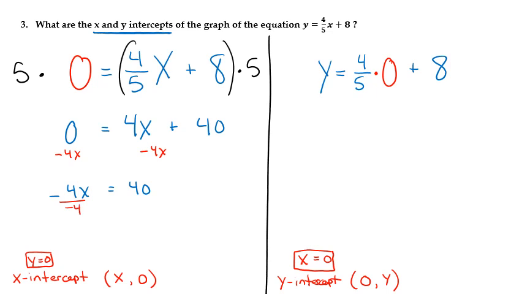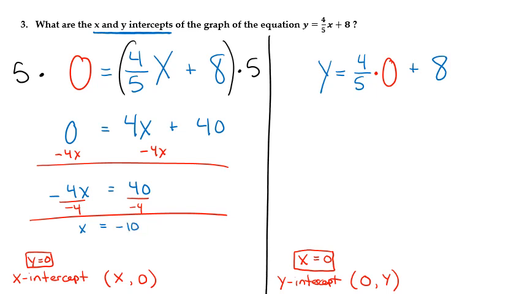We could eliminate that times negative 4 with a divide by negative 4. We do the opposite, or inverse, operation. So we get x is equal to, well, 40 divided by negative 4 would be negative 10. So we could say the x-intercept is negative 10, or the point negative 10, comma, 0 is on the graph.